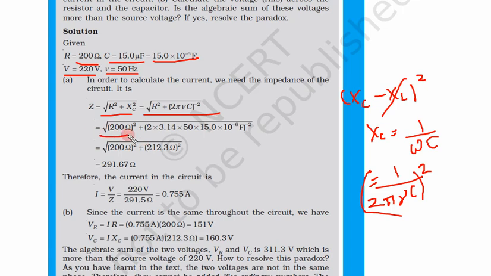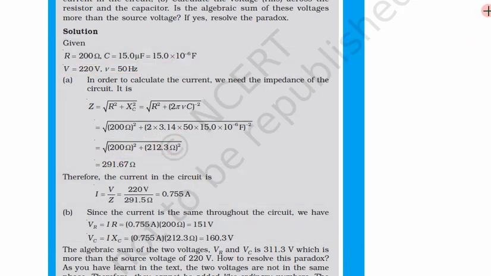R is 200 ohm, square of this, plus 2 pi nu C, with C as 15 into 10 to power minus 6, and this is again power minus 2. So after calculation we get 212.3 square of this, and the final value we get is 291.67. So this is the impedance of the circuit.